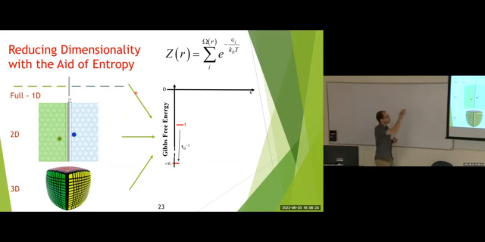We group them by using this partition function, where epsilon here is the internal energy of each microstate, and we group them by this summation, and then we can calculate the Gibbs free energy of the macrostate.